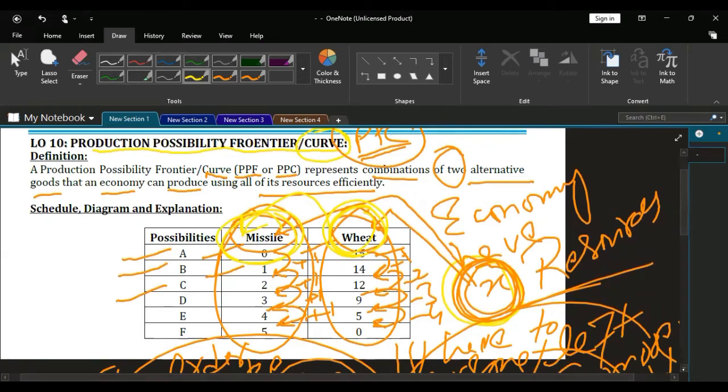So we can make a pictorial explanation of this concept by making a graph, where on the x-axis we take missiles, and on the y-axis we take wheat.